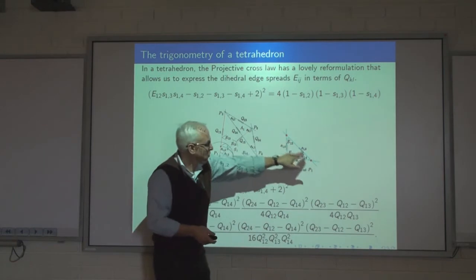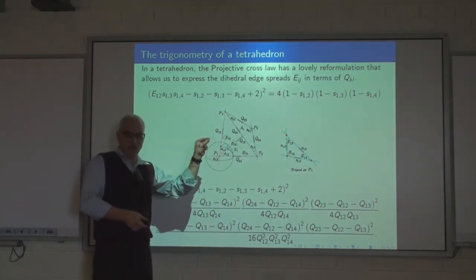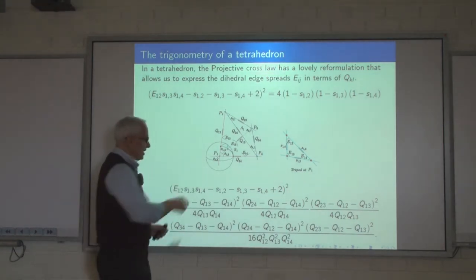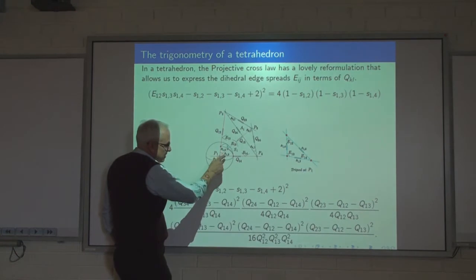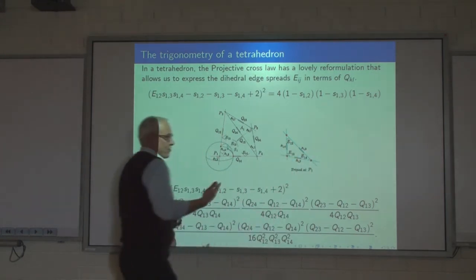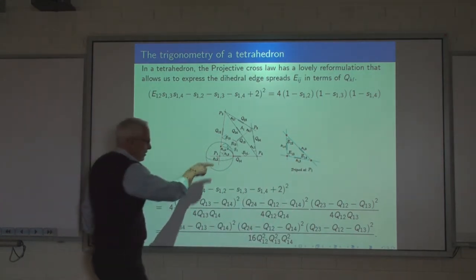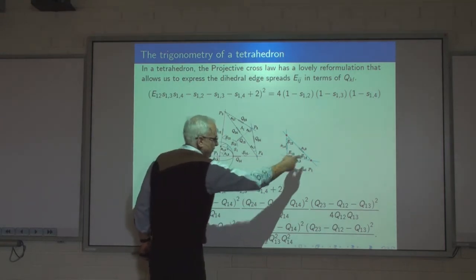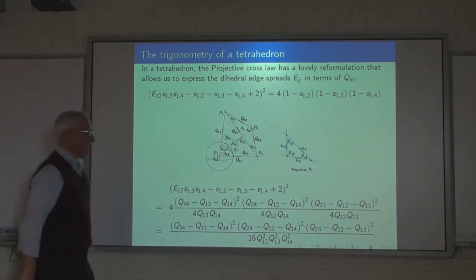And whose projective quadrances are the face spreads between those 3 lines emanating from P1. So in other words, the 3 face spreads S12, S13, S14 form essentially the quadrances of this projective triangle, and the 3 edge dihedral spreads E12, E13, and E14 form the spreads of that.